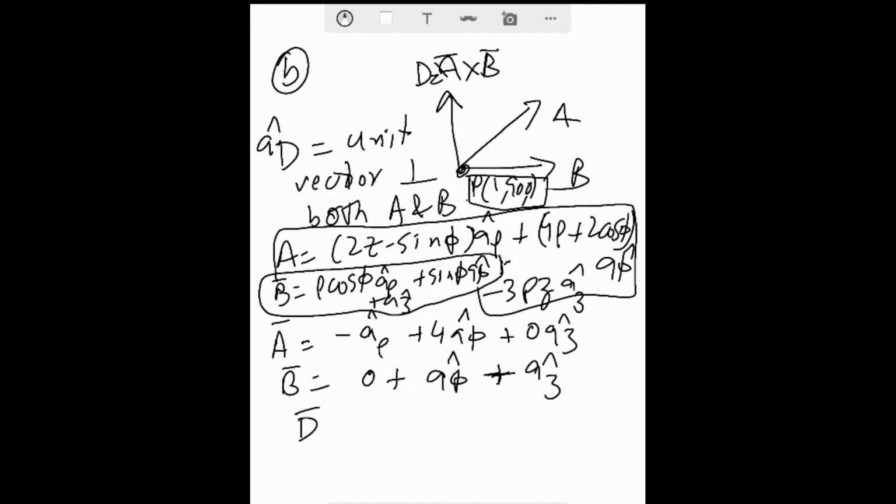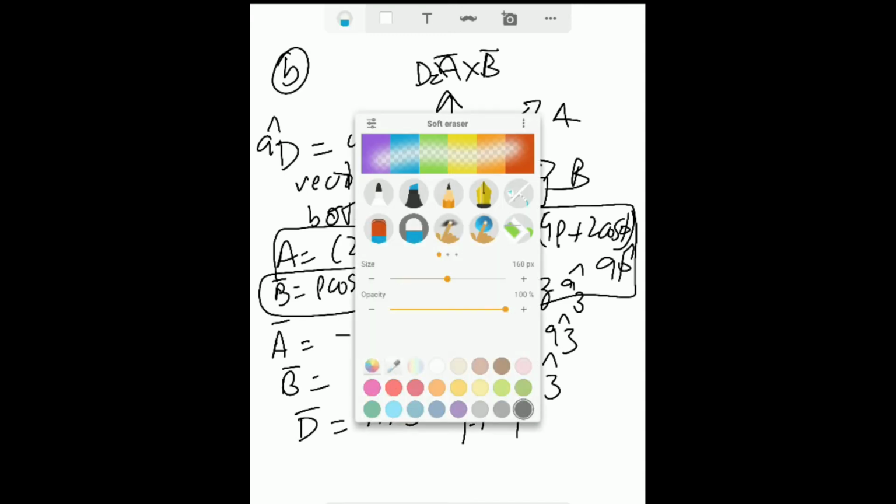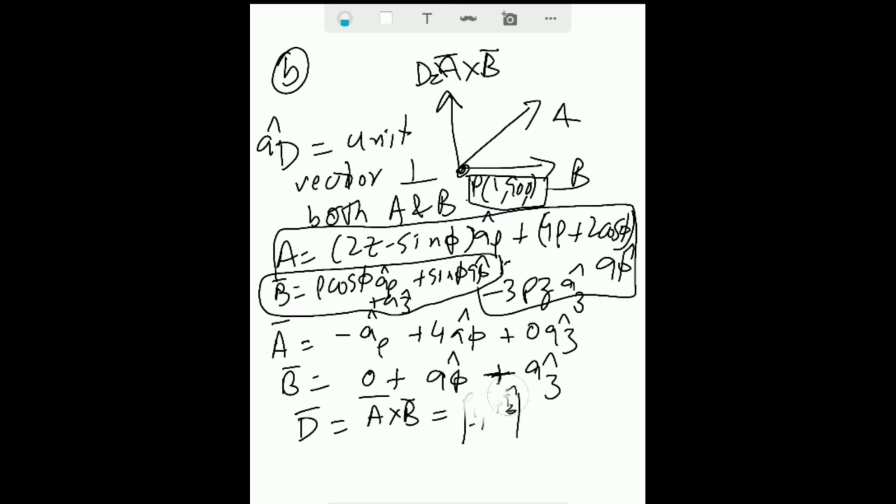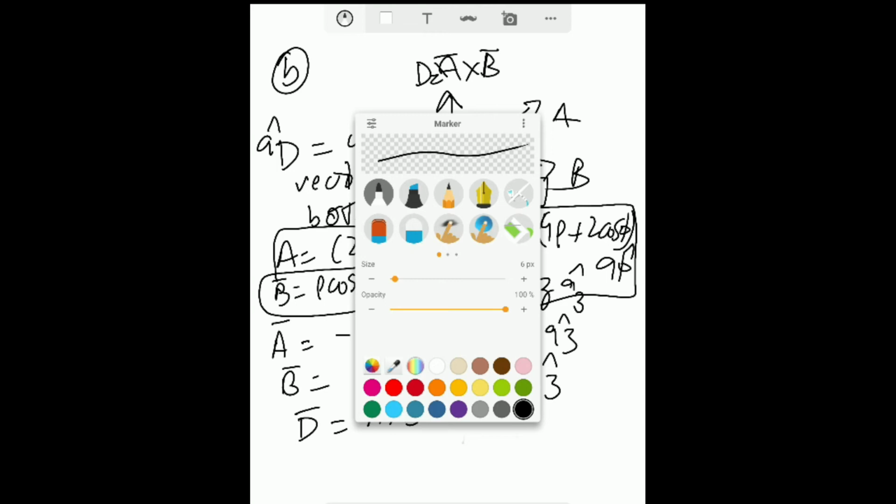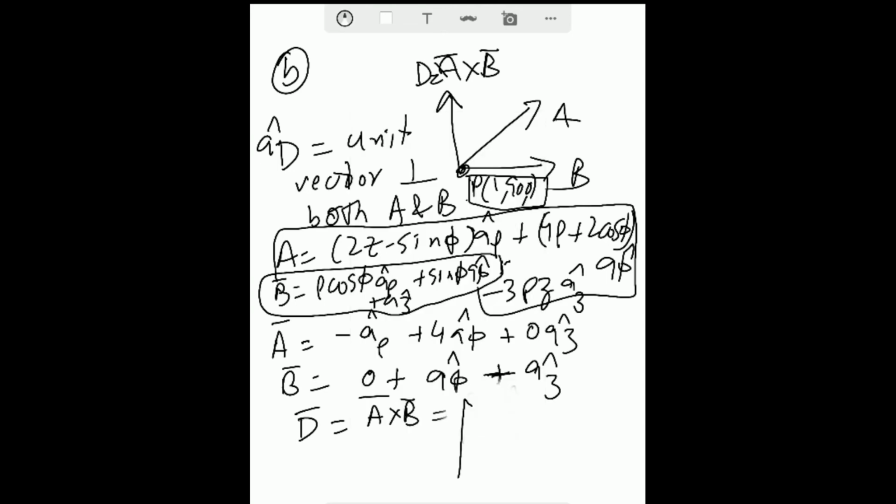So I calculate the D vector which is perpendicular to both A and B, that is A cross B, and for that I use the determinant: a_rho, a_phi, a_z, minus 1, 4, 0, 0, 1, 1, and this comes out to be 4 a_rho plus a_phi minus a_z.